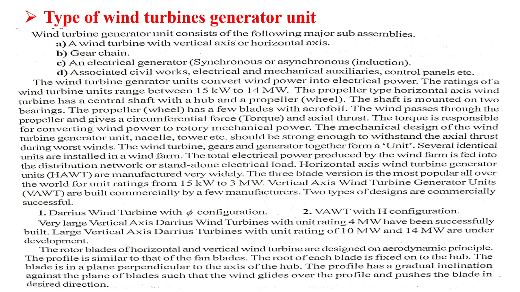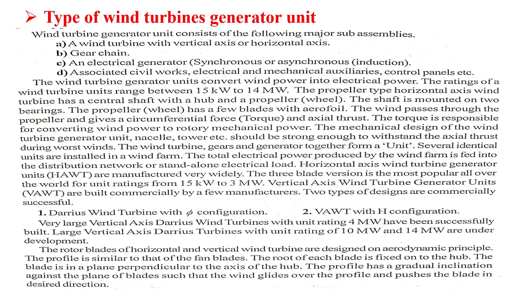Third, an electrical generator, synchronous or asynchronous induction, and associated civil work, electrical and mechanical auxiliaries, control panels, etc. The wind turbine generator unit converts wind power into electrical power.